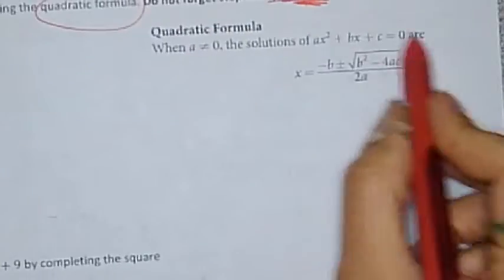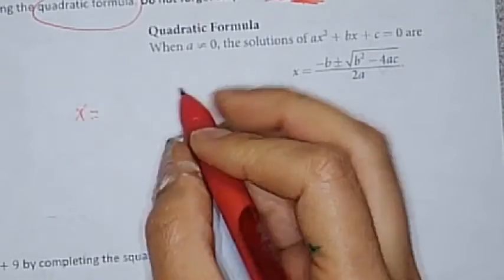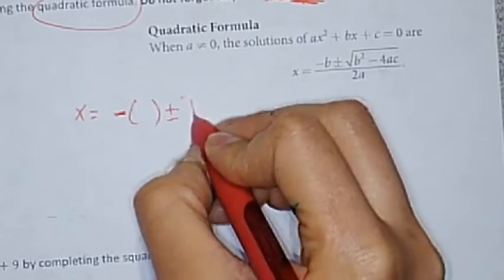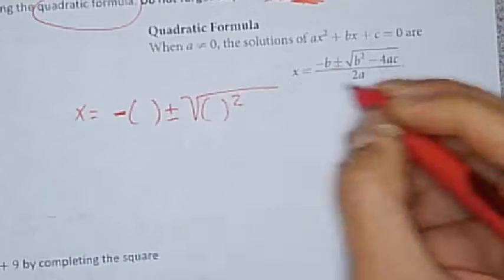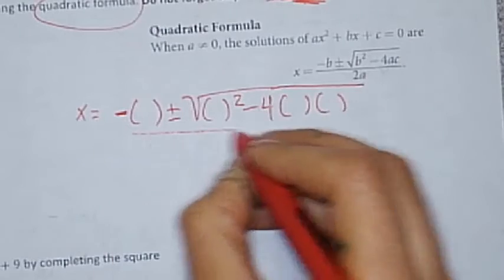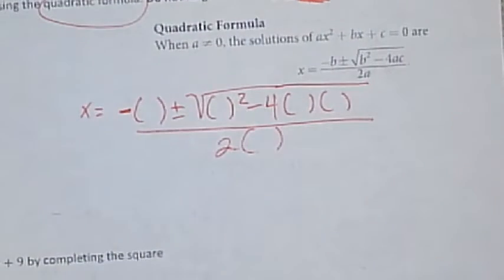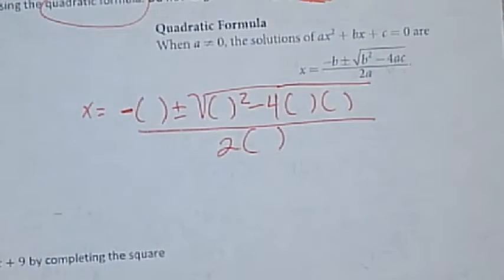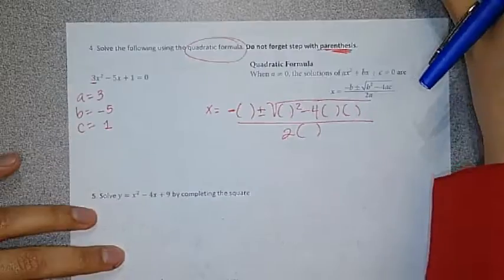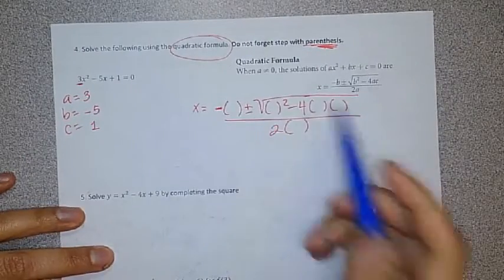Then I'm going to write this over here. X equals negative 5. From there, all I have to do is plug in these numbers in here.